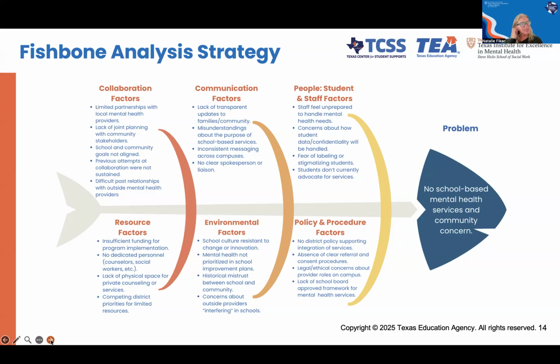Some potential communication factors: lack of transparent updates to families and communities. The district hasn't been communicating. Misunderstandings about the purpose of school-based services. Inconsistent messaging across campuses. And even no clear spokesperson or liaison in the district.